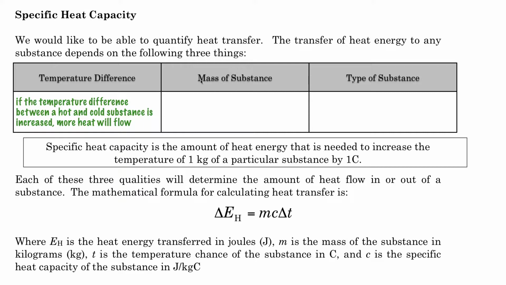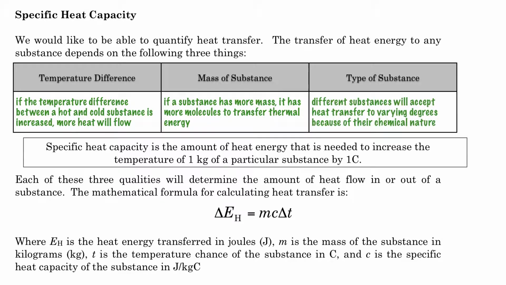Let's think about the mass of the substance. If a substance has more mass, it has more molecules to transfer thermal energy. So if we have a really, really big object that's really, really massive and it's at a certain temperature, it has lots and lots of molecules to transfer thermal energy. Okay? We also know, as we just experienced, that the type of substance plays a pretty big role in heat transfer.